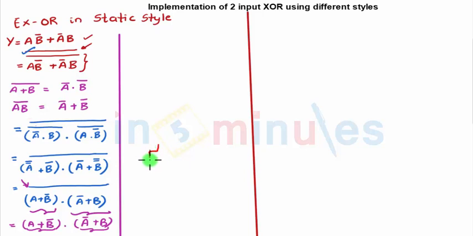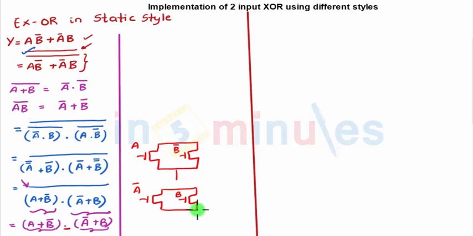So NMOS, a transistor with an input A, plus means parallel, B bar. This entire first term is dot. Dot means series, in series with A bar plus B. A bar plus B is nothing but plus, so parallel. This is in series, so this is the series connection. A bar, again an NMOS, plus means parallel, B, and this is going to be my ground, and this is a series connection. So I got my pull down circuit.